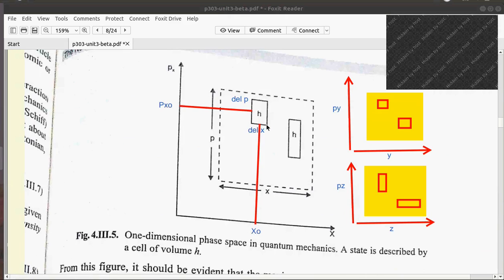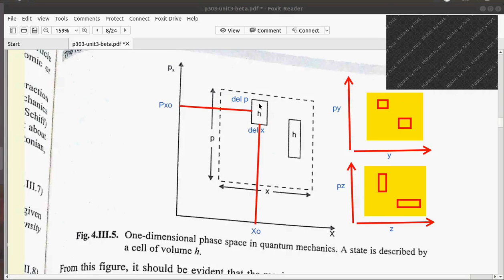Because delta x, for this point x0, shows the uncertainty in the position, and for px0, the delta p will show the uncertainty in the momentum. So this product, delta x into delta p, should be equal to h.